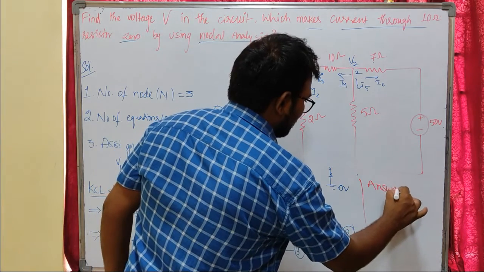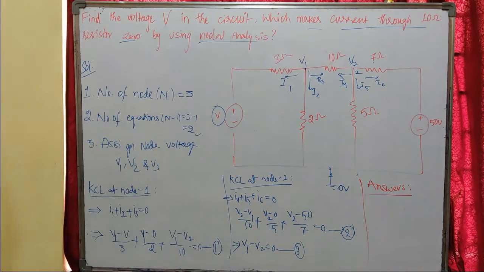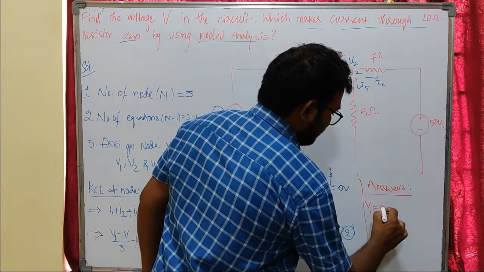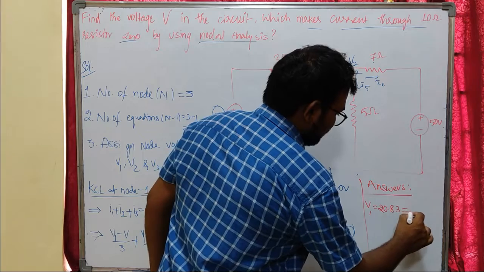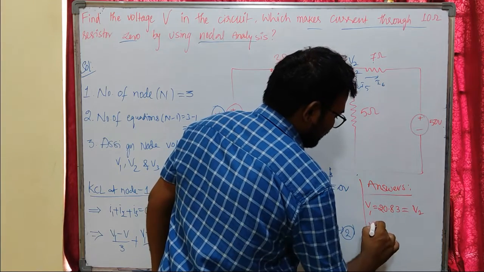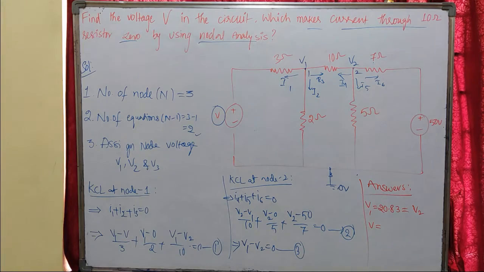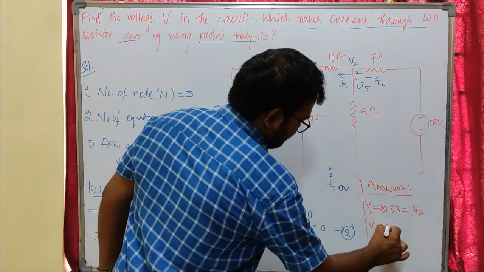I want you to solve the equations and verify the answers with the following values. V1 will be 20.83, so V2 will also be the same, and V, which is to be found, is 51.87.